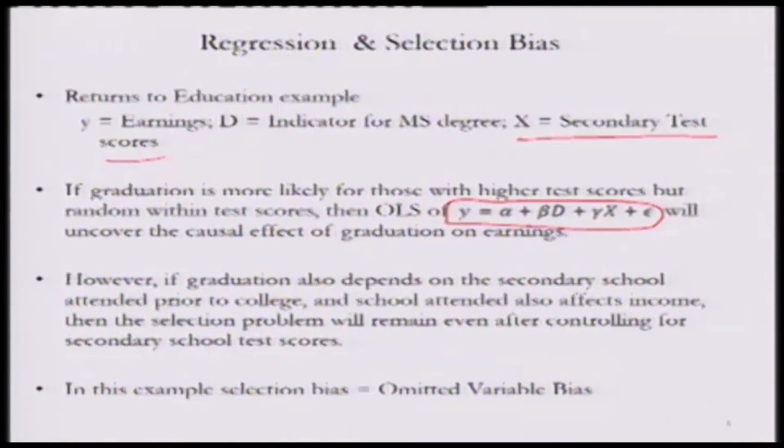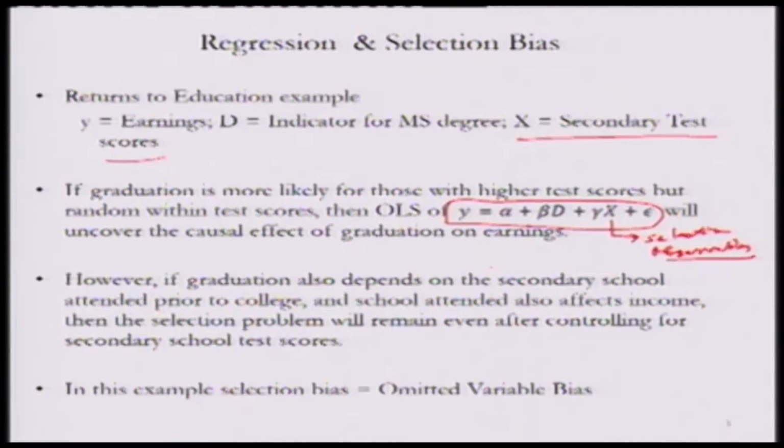However, if graduation also depends on the secondary school attended, what we are saying over here is that this is selection on observables, because here we observe the value of X, the secondary school test score, based on which D is determined.